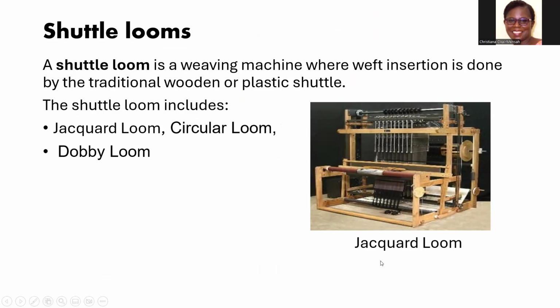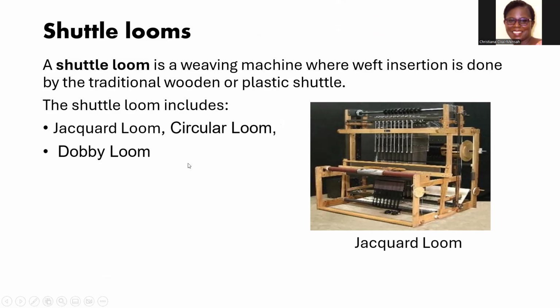It is called the jacquard loom. They use power. It's just like the broad loom, but this one uses power. Some of our broad looms are also electrically powered, and that one is used in the industry.